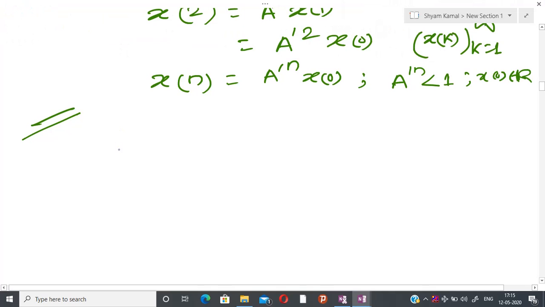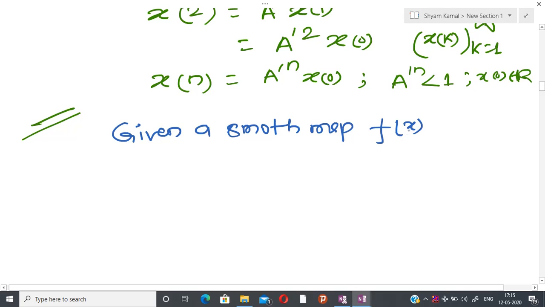So the generalized problem is: given a smooth map f(x) of a vector space. I am assuming that here point-wise addition and point-wise scalar multiplication are satisfied within itself.